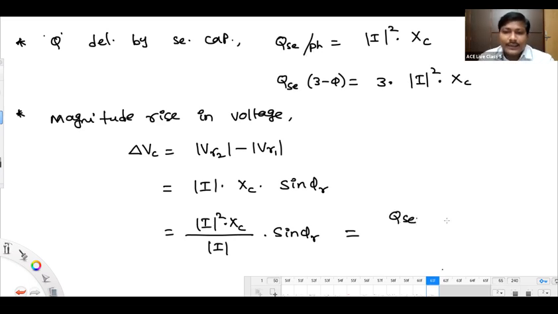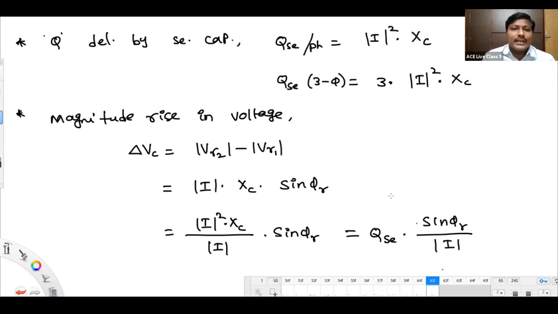So you write it like this: Q series capacitor into sin phi r by current magnitude. That is the magnitude of voltage rise we are going to get because of the series capacitor addition.